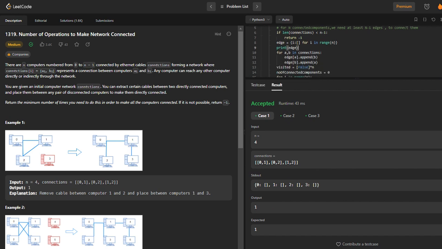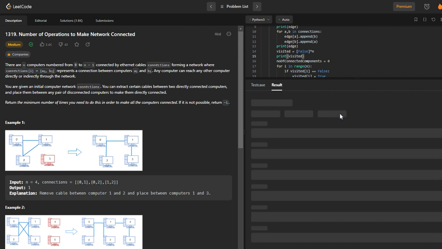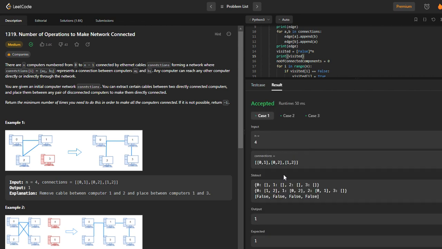After that I will also have to print here. Let me first show you how it looks. See, this is how my map, the hashing, will be in the starting.